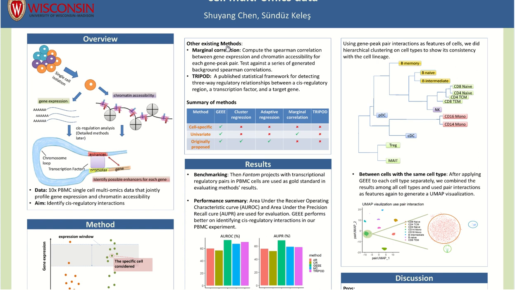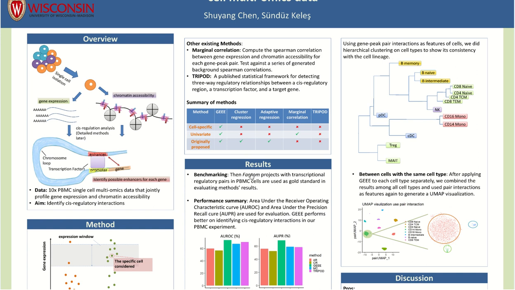Another one is the triple method, which is the published statistical framework for detecting three-way regulatory relationships between a cis-regulatory region, a transcription factor, and a target gene. And here is the summary of the methods. Among all of these methods, G we proposed here is the only one which can identify cell-specific regulatory interactions.